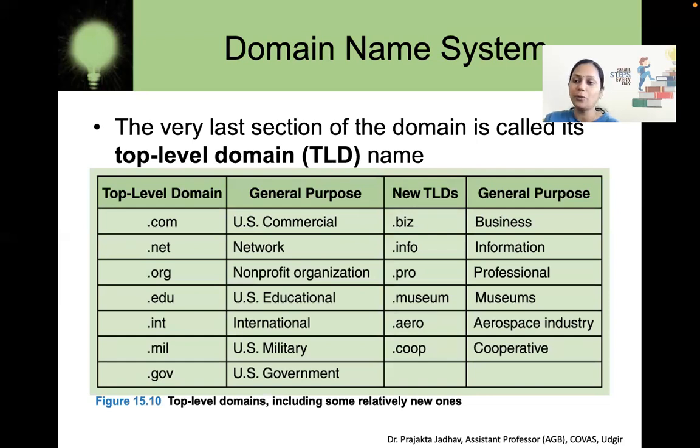These are some top-level domains which are used. .com is commercial, .net is networking, .org is for an organization, .edu is for an educational organization. Then there is .int for international, .gov for government, .biz for business, .info for info, .pro for professional, .museum for museums, .aero for the aerospace industry, and .coop for cooperatives.